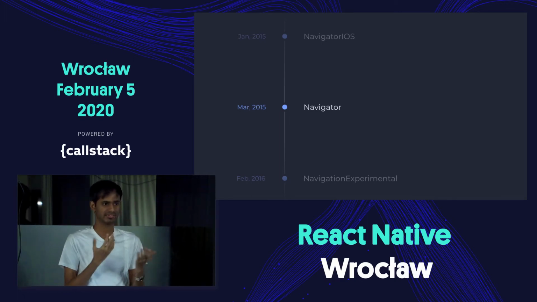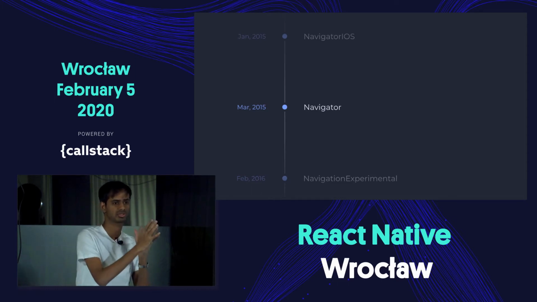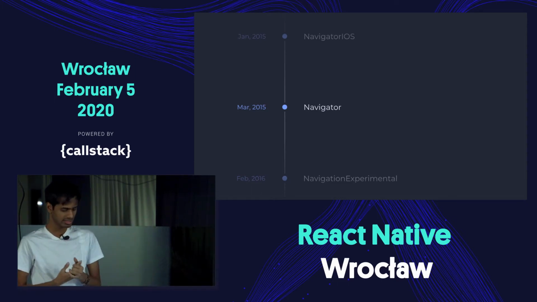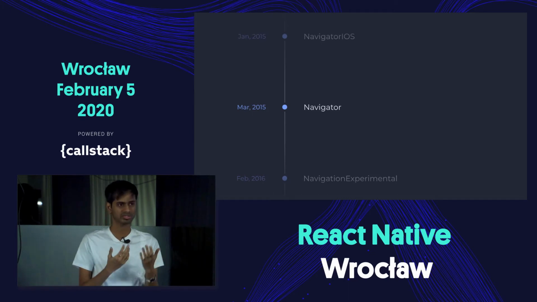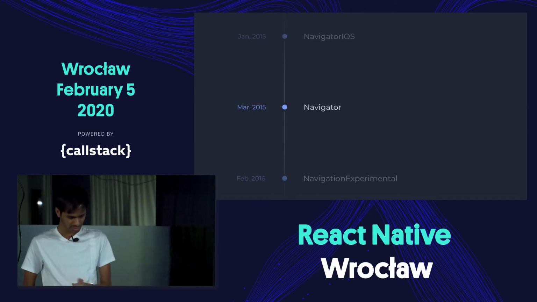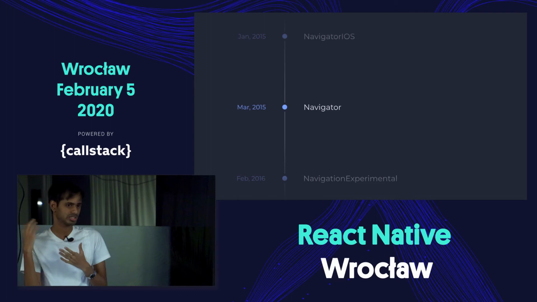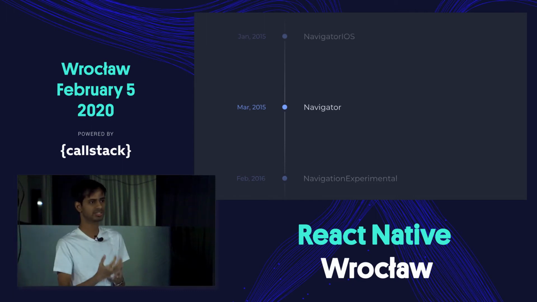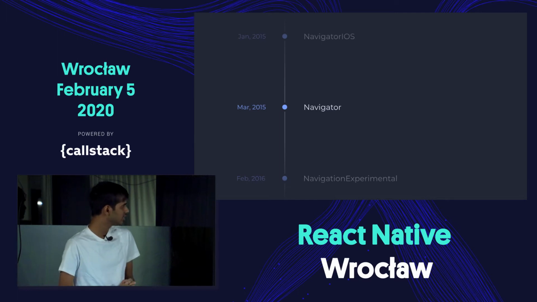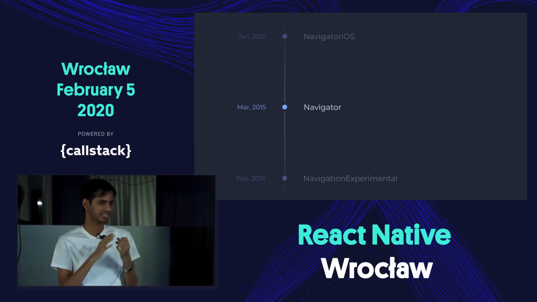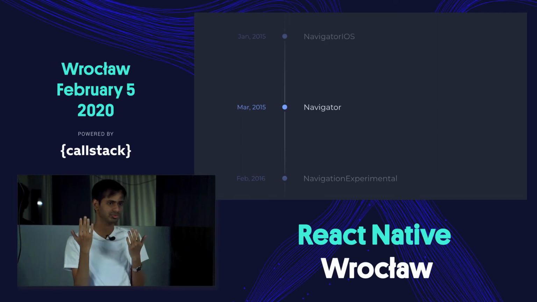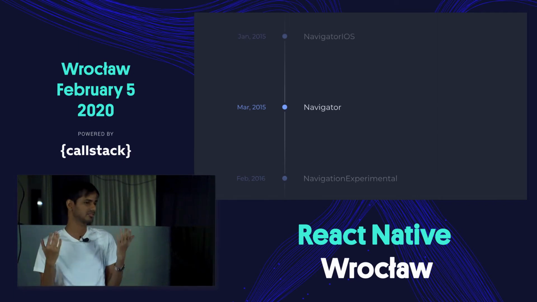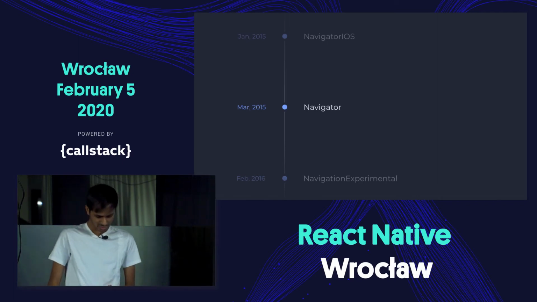Because this was JavaScript, it was possible to use the same code on both iOS and Android, and use the same Navigator component on both platforms. It also had a lot more customization options. Since it is in JavaScript, it's usually much easier to add more customization options. So you could customize what kind of transition animation you want, the colors, of course, fonts, everything.